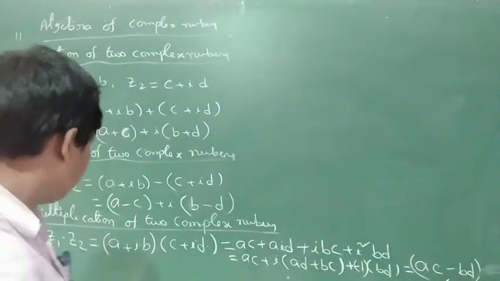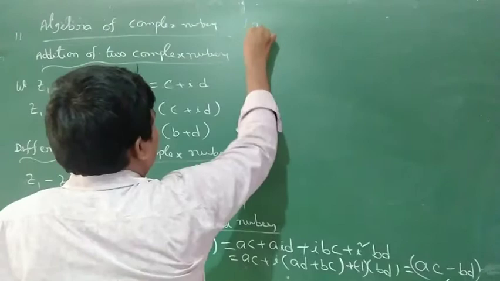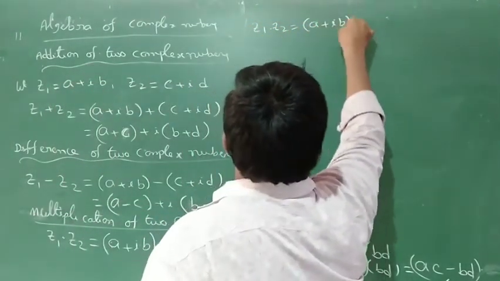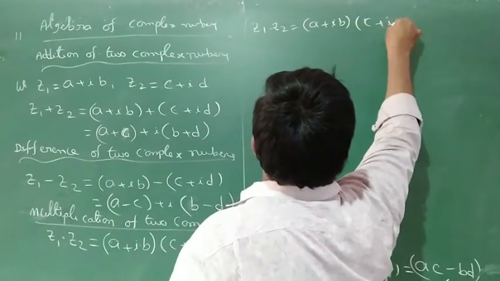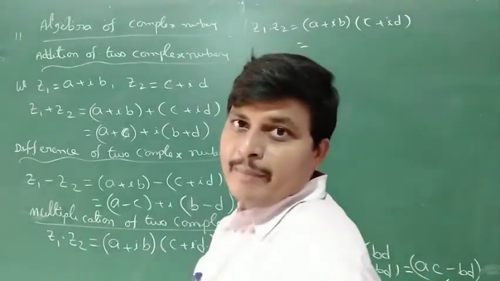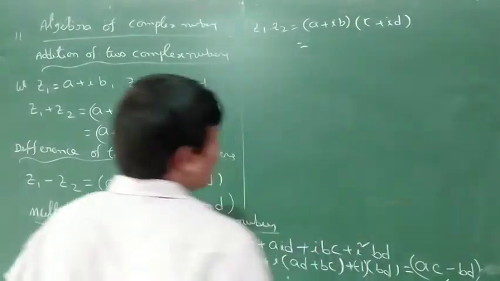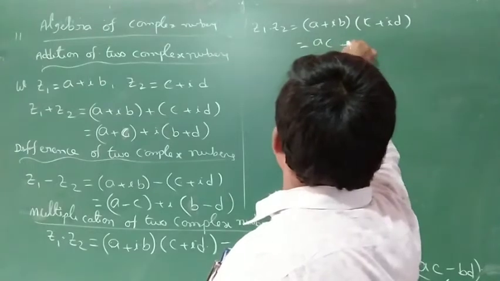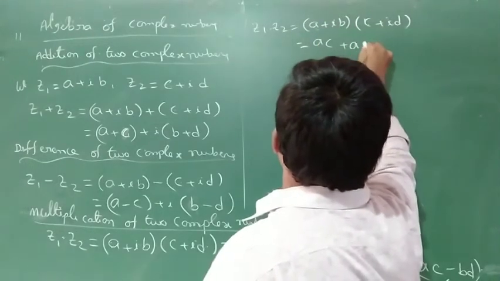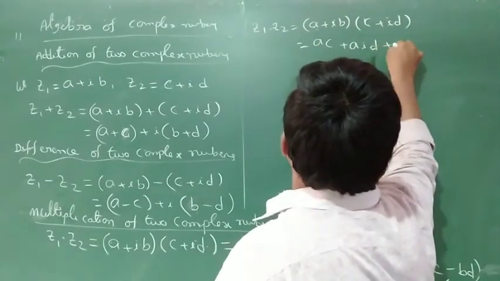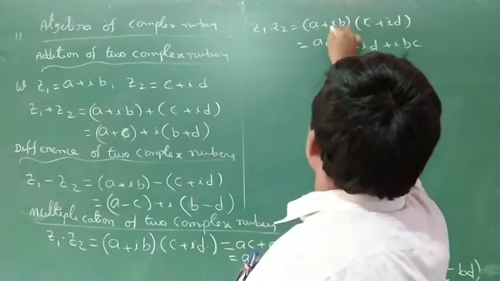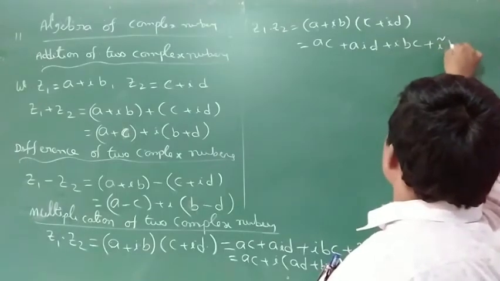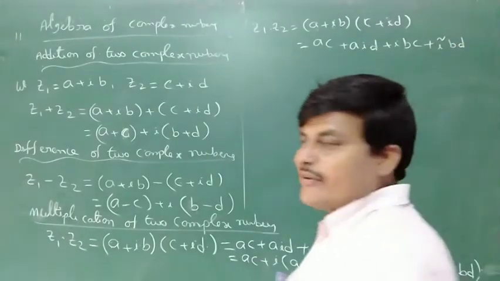Okay, once again. Z1 into Z2 is equal to a plus ib into c plus id. Once again, I will repeat: multiply a into c, AC, plus a into id, plus i into bc, plus i square BD.